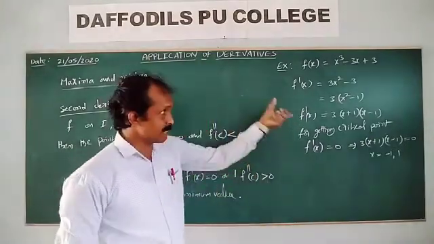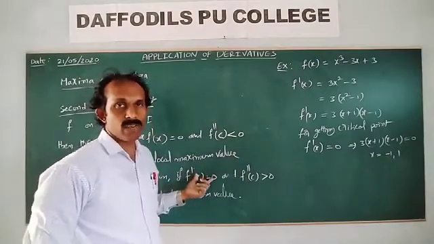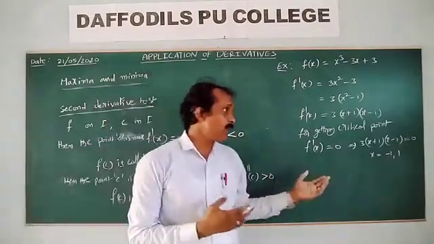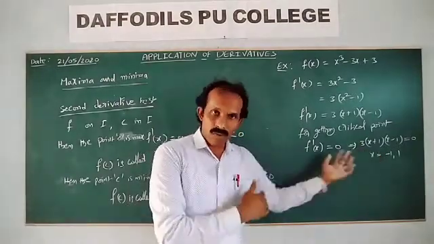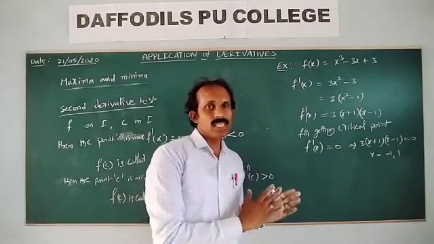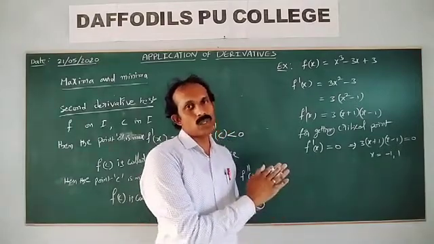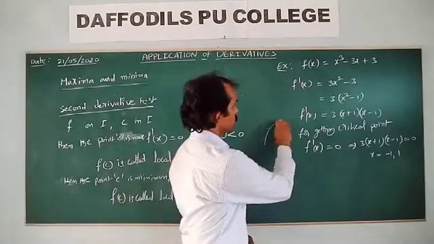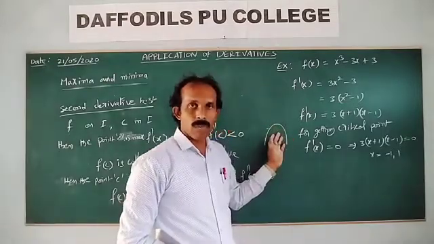Okay, now we will use the second derivative test on the same problem. The first derivative test uses a neighborhood point to the left of -1 and to the right of -1. If the sign changes from positive to negative, it is called a local maximum.